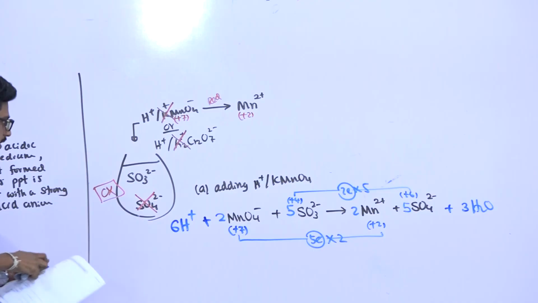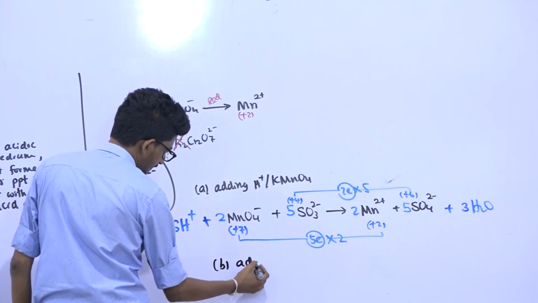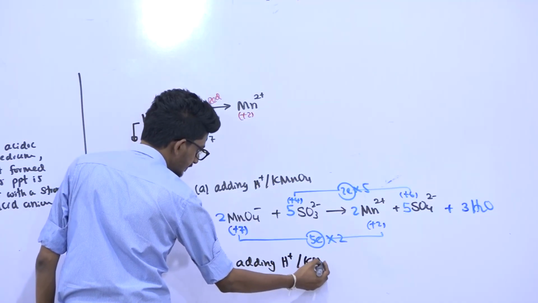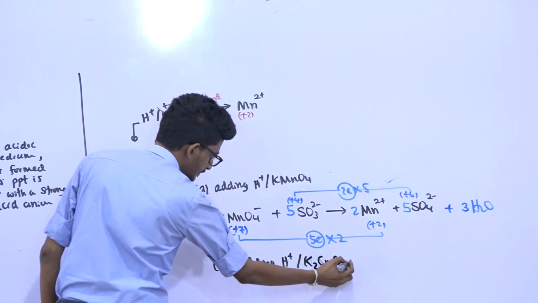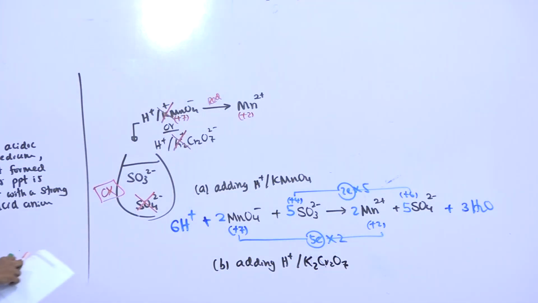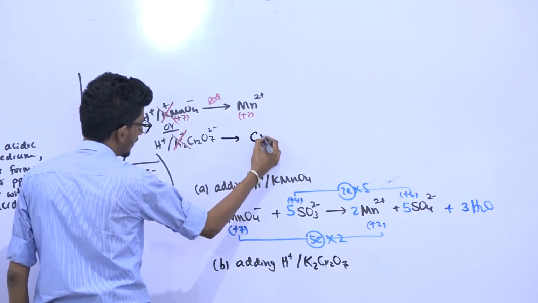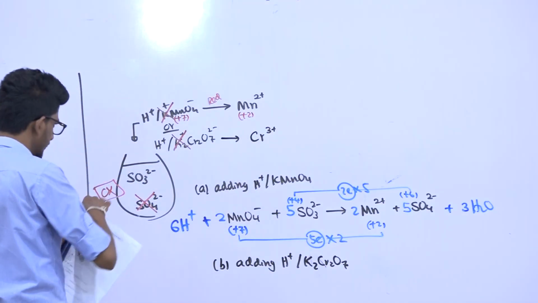If you are referring to the dichromate addition, the dichromate will go to Cr3 plus. It is a kind of oxidation, sorry, it's a kind of reduction.